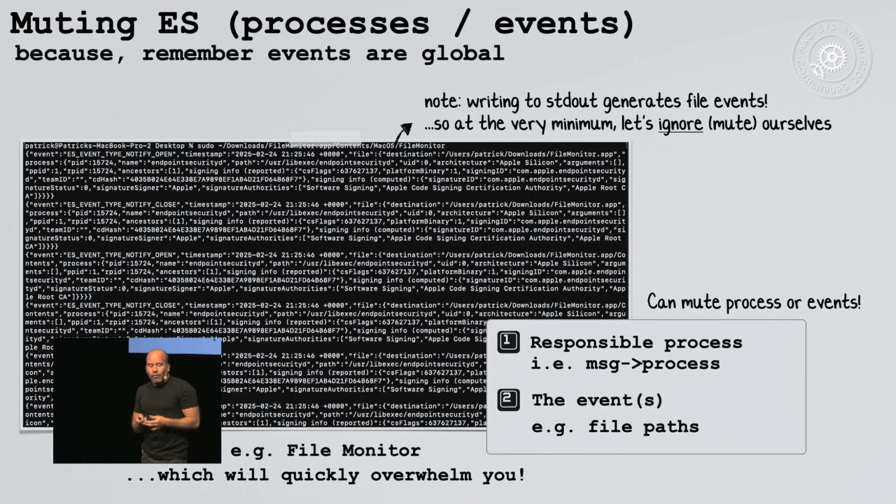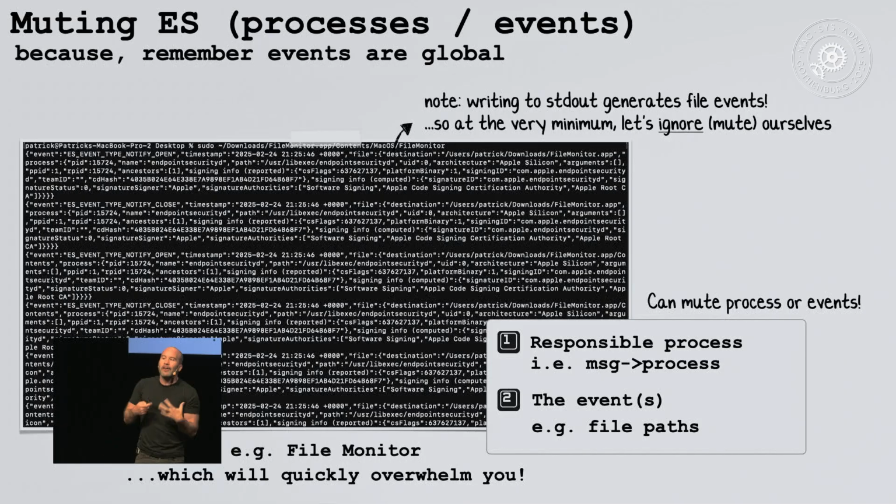So this is kind of overwhelming, and at the very least, you probably want to start filtering out or muting certain events that are not of interest. So for example, if you're running your file monitor via the terminal, anytime you print to standard out, that's going to generate a file event, which then your file monitor is going to print out and generate another file event.